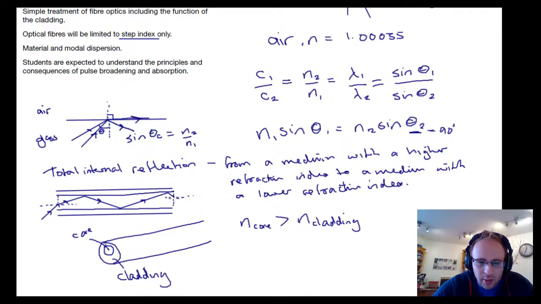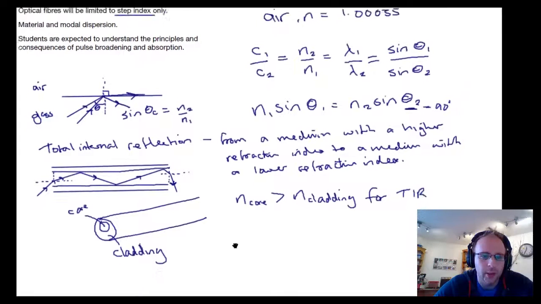As it comes out, we get a bending away from the normal. So we have a refractive index of the core which is bigger than the refractive index of the cladding, so we get total internal reflection.